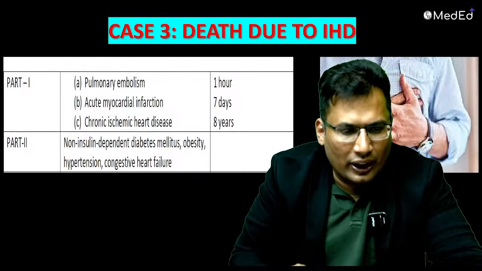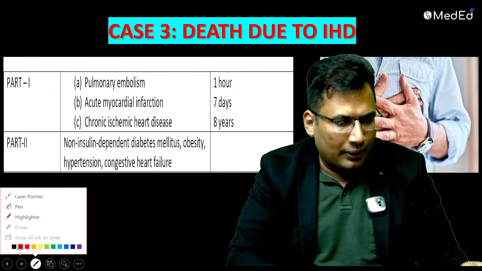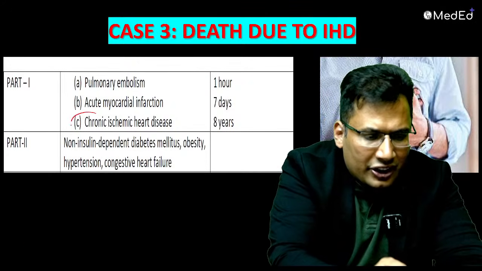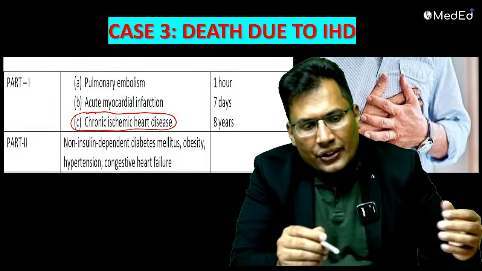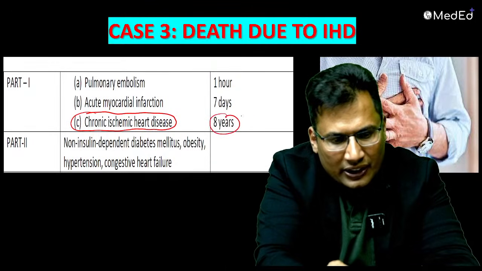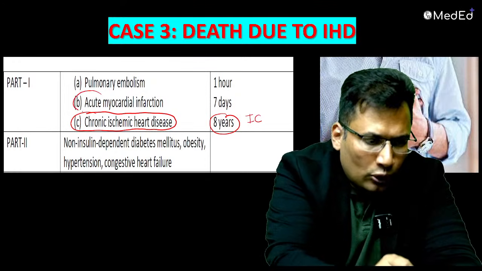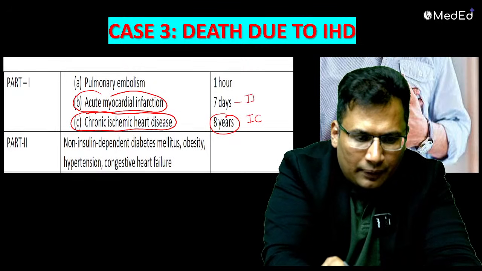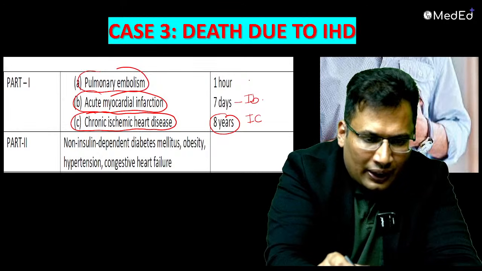Let's see, look at this. This is a good example again, one more very good example. You can write it in the exam as well. Chronic ischemic heart disease since 8 years, that is the 1C, leads to acute myocardial infarction since 7 days, that is 1B, leads to pulmonary embolism, that is 1A.